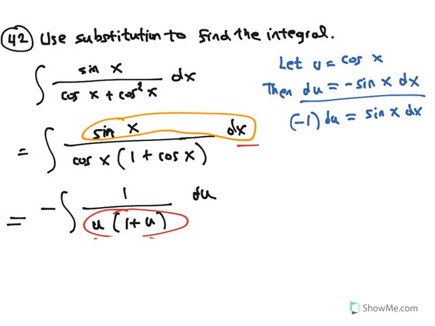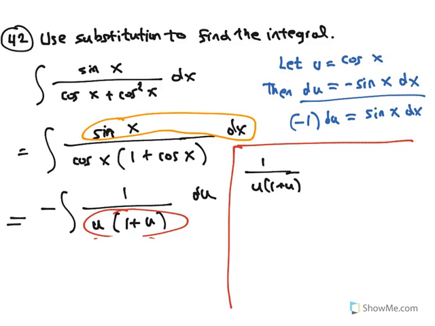So you're going to just work with what we have here, and you write 1 over u times 1 plus u. The form of the partial fraction decomposition is you will have two partial fractions. The denominator of the first one is u. The denominator of the second one is 1 plus u. And the numerators are constants that we need to find.